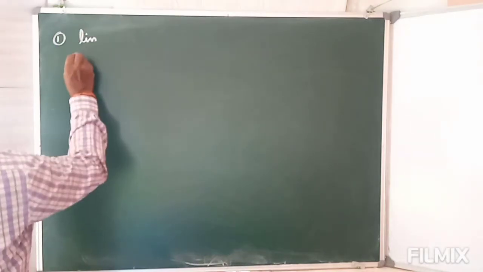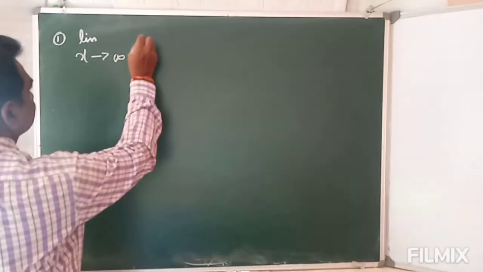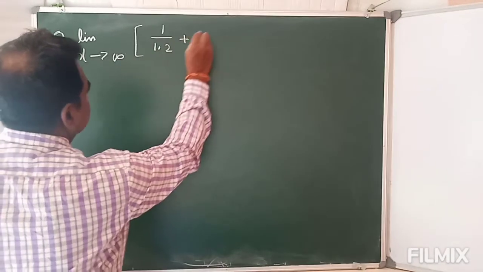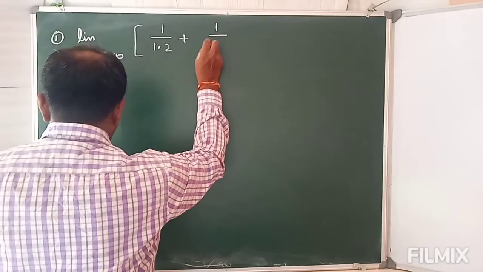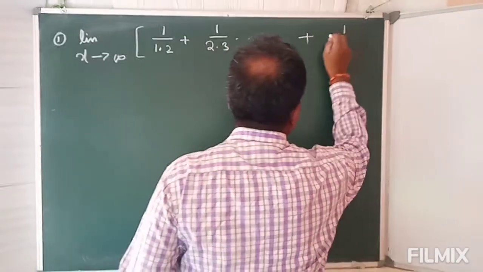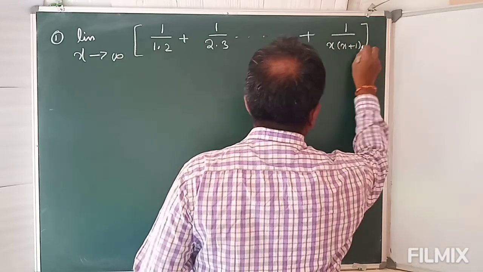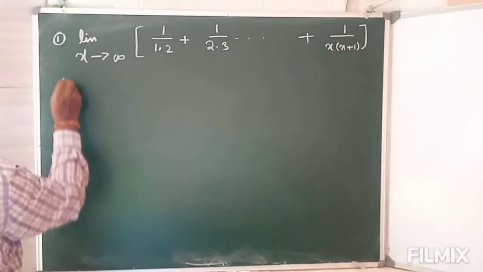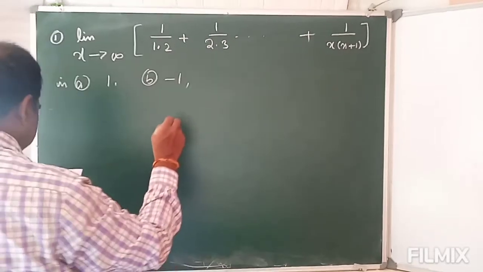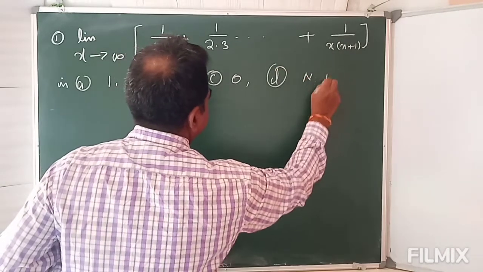limit x tends to infinity of 1 by 1 into 2 plus 1 by 2 into 3 and so on, plus 1 by x into x plus 1 is: A 1, B minus 1, C 0, D none of these.